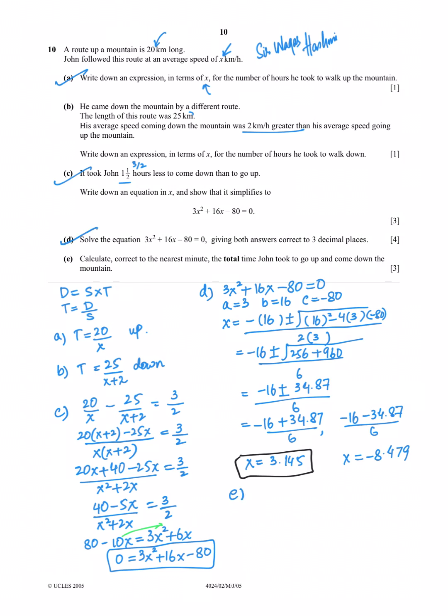In part E, it says calculate correct to the nearest minute the total time. So the time we had found in the first part, it's 20 upon x, time is going up, and 25 upon x plus 2. So for total time, I need to add those two times, 25 divided by x plus 2. The value of x we got is 3.145.